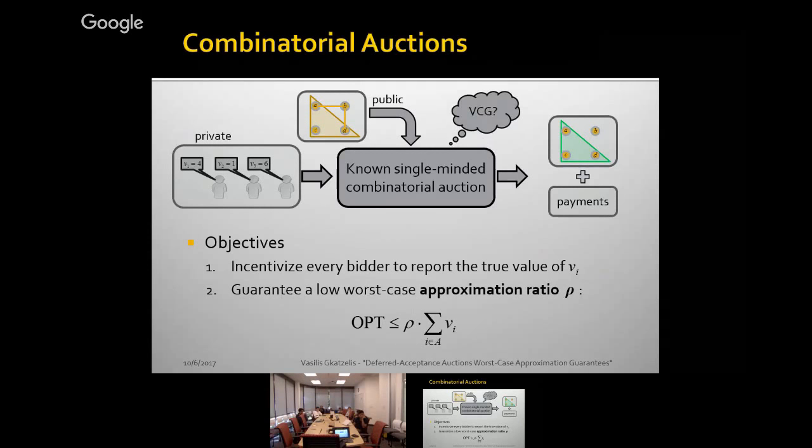And those of you who are familiar with auctions might think, oh, sure, VCG would actually do that. So we know that there exists this mechanism known as VCG, which actually maximizes the social welfare, so actually achieves rho equals 1 and gives you the right payments so that you get not only optimal social welfare, but also you get strategy proofness at the same time. People do not have a reason to unilaterally deviate, in mind.